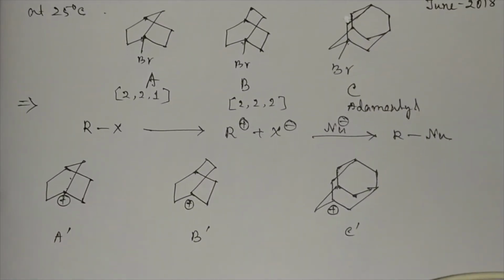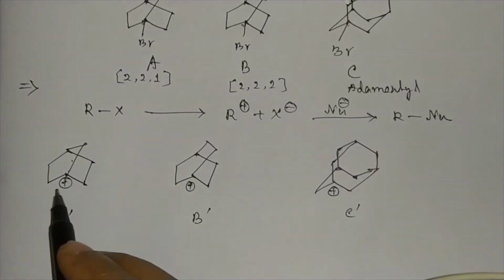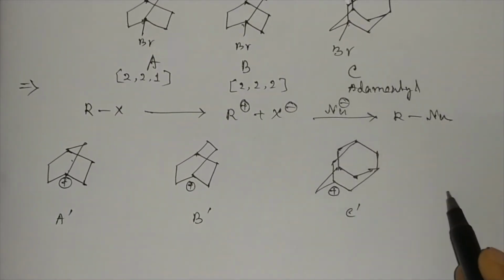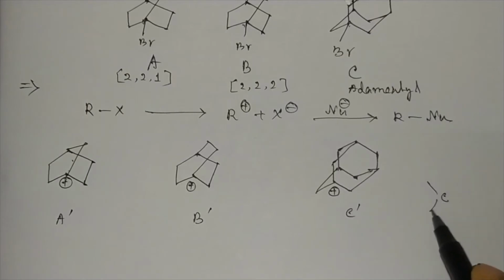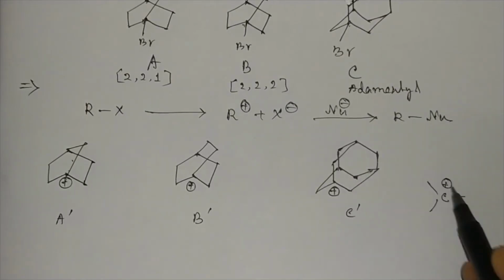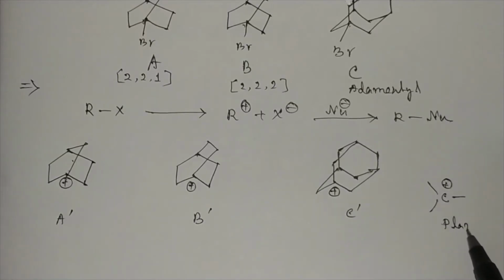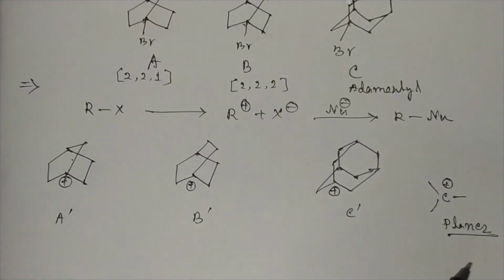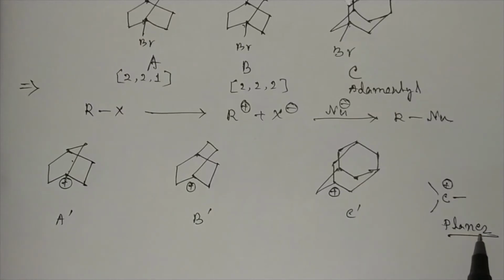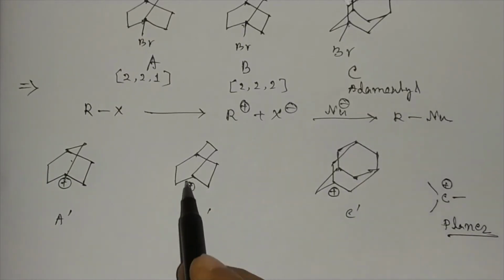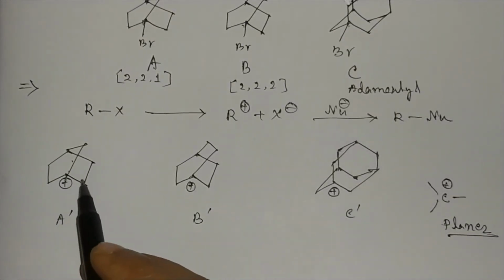Now this carbocation has sp2 hybridization and it is planar in geometry. To maintain planar geometry is very difficult for a small ring system.